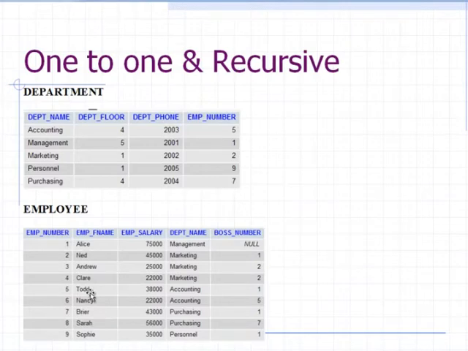Todd is the boss, and Todd's salary is 38,000. So the key is that we are using this foreign key, which references the employee number, and with this relationship I can retrieve further information about the employee. So now we understand how to use the given tables.